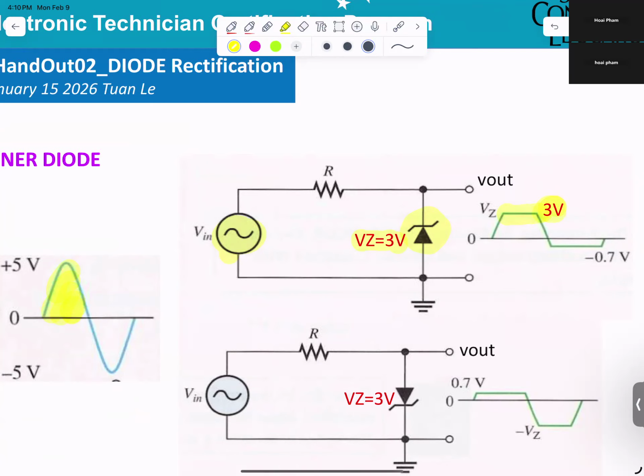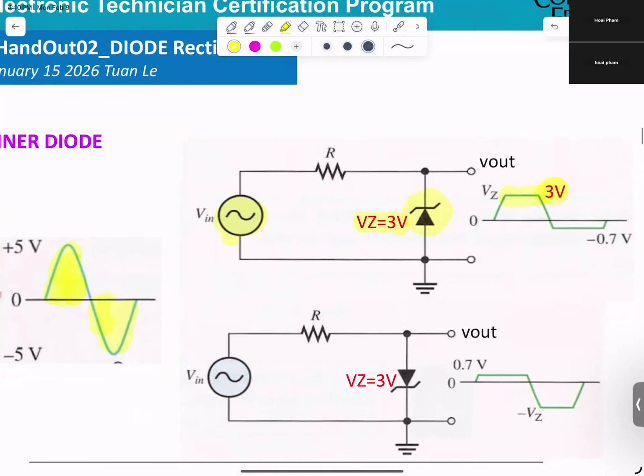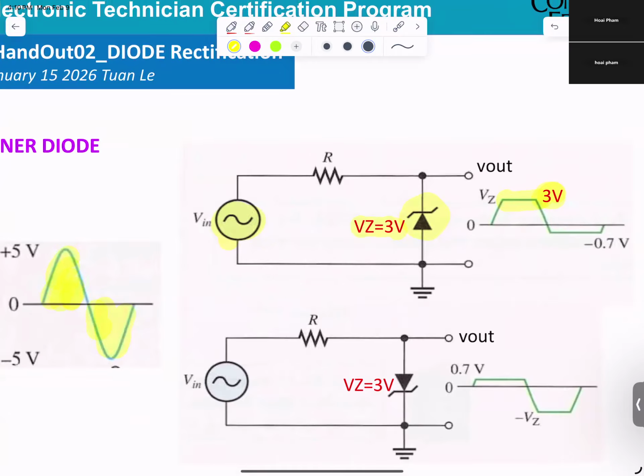Okay. When the negative input is applied, negative minus 5 here. This is the route.